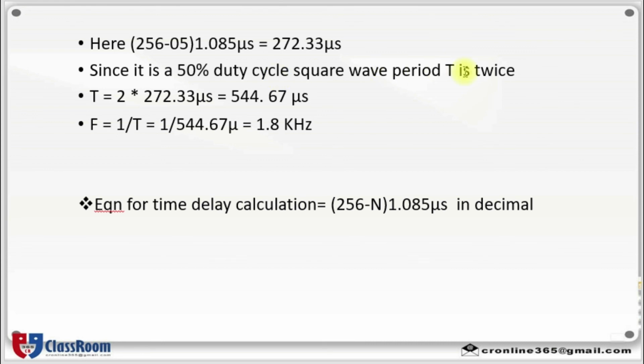So, T, the time period, is equal to 2 times this value, which will give you 544.67 microseconds. Since frequency is the inverse of the time period, f is equal to 1 by T. By applying this equation, I got the frequency as 1.8 kilohertz. Okay, thank you.